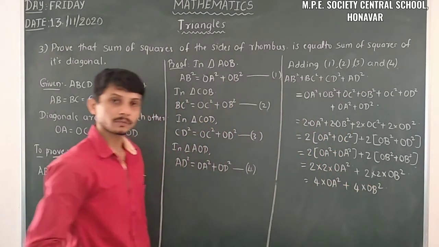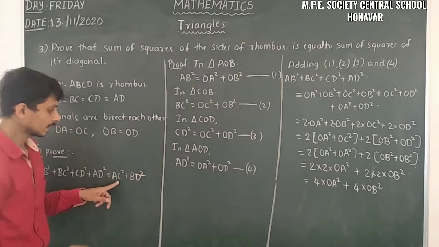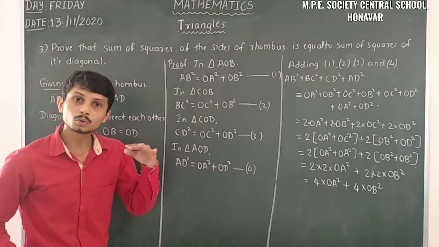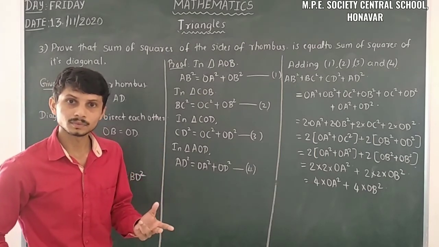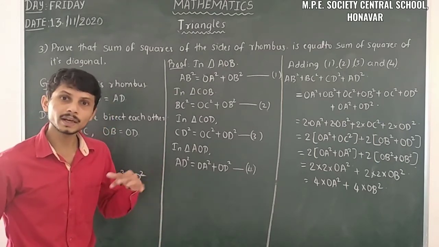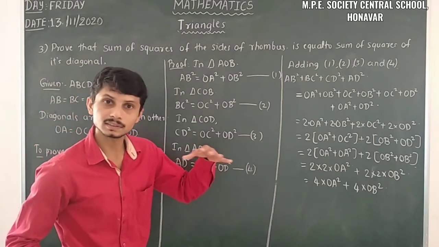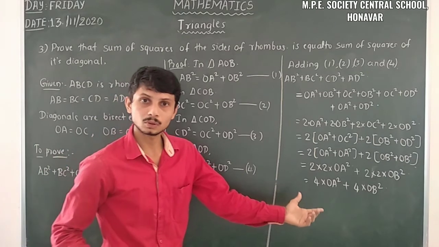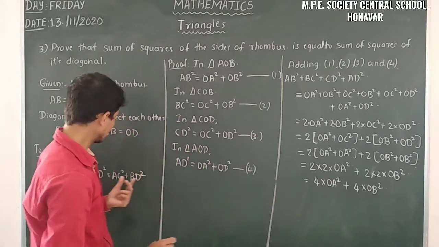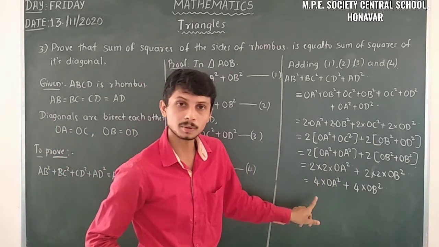So here we want AC square and BD square. Here AC is nothing but 2 times OA or 2 times OC, and BD is 2 times OB and 2 times OD. So we have to take 2 into OA and 2 into OB. When we have that, we can easily take AC. You just observe 4 is a perfect square, and 4 is also a perfect square here.